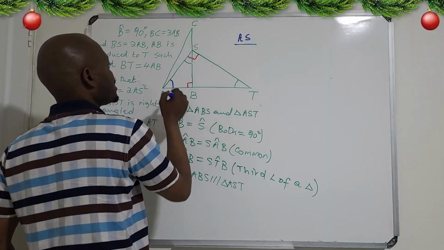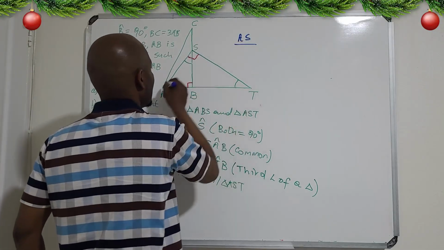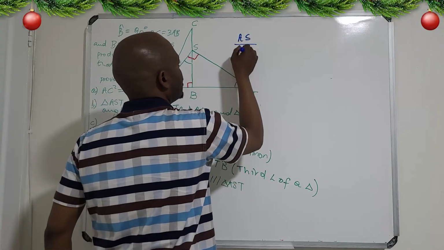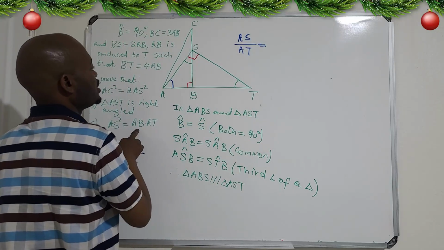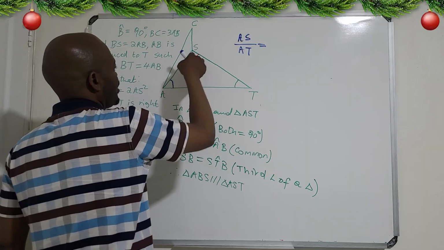Therefore, AS over AT is equal to, obviously they want AB, which is opposite this angle there.